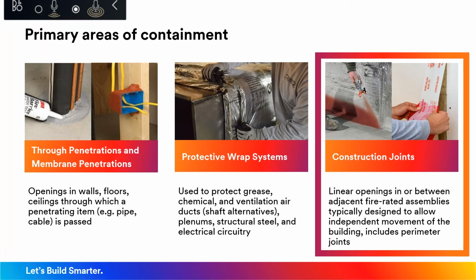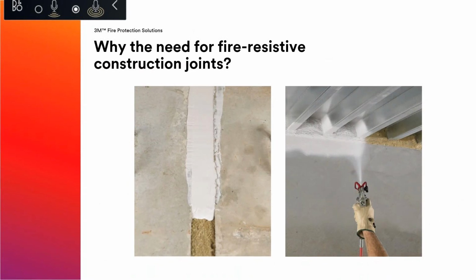Okay, let's touch a little bit on joints as we start to wrap things up. Why the need for fire-resistant joints? If you think about it, and I still see it today, you go out on a job, and the inspectors are enforcing all the penetrations that are going through the wall to be fire stopped, which is great, which is excellent.